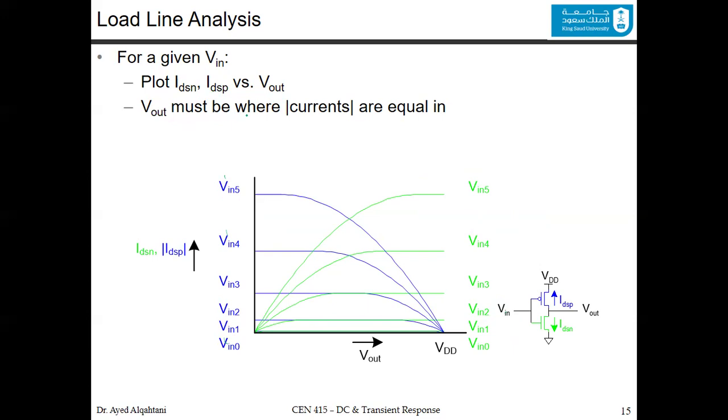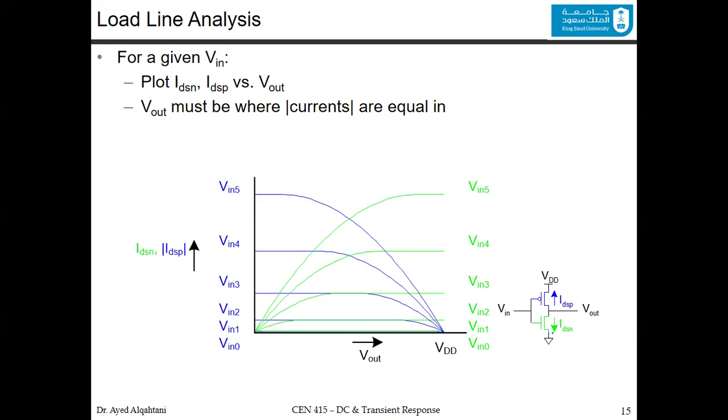And the Vout must be where currents are equal in both graphs, meaning the green and the blue graphs. So just to recall what we've learned, there is a current here indicated by the blue line, it's the IDSP, and it should be on one of these curves based on the value of the input.